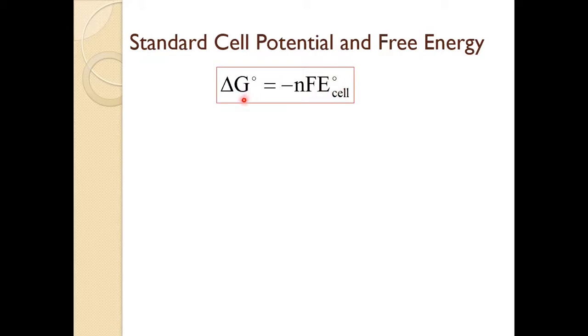Specifically, it says that delta G under standard conditions is equal to the negative of N times F times that standard cell potential, where N is the number of moles of electrons that are transferred in that balanced equation. That's why we spent so much time on learning how to balance equations, because we need to know in a balanced equation how many moles of electrons are being transferred.